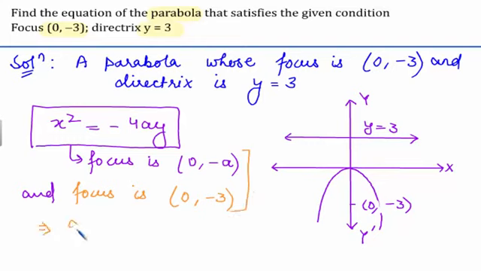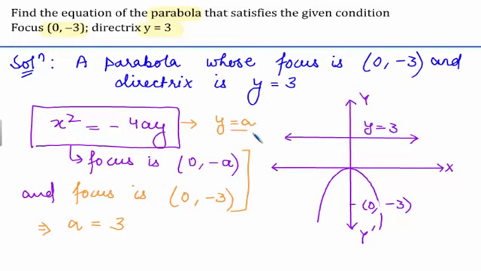Also, for this standard form of the parabola, the equation of the directrix is y = a, and here on comparing the given directrix with the standard form, we see that a is equal to 3, right?